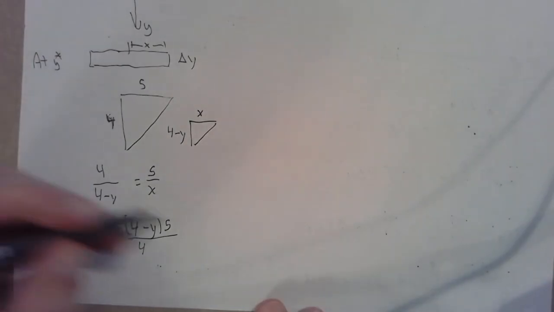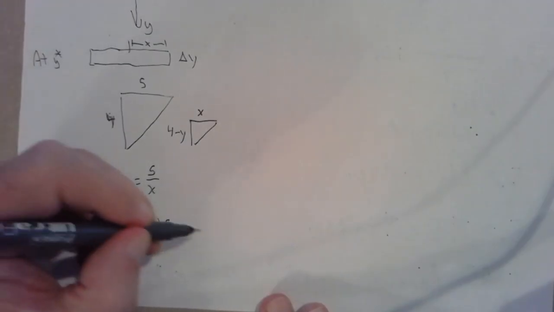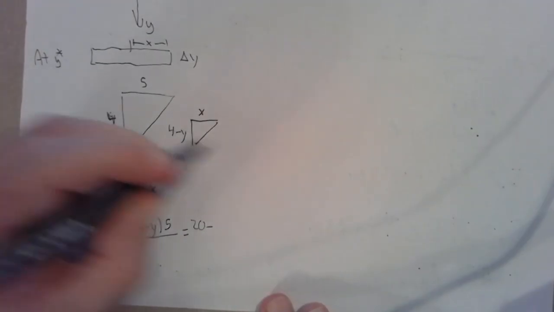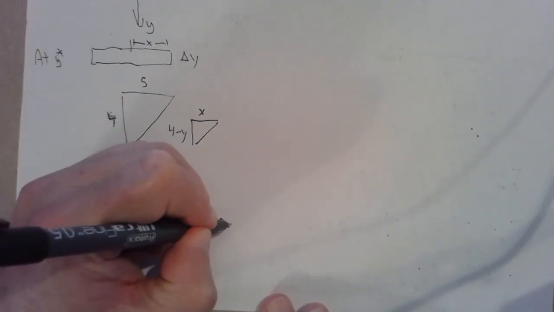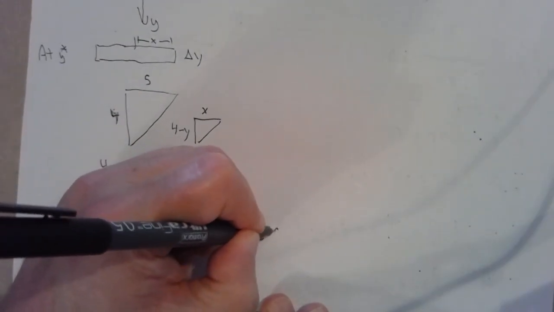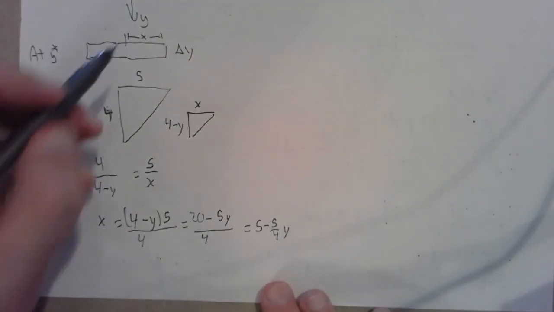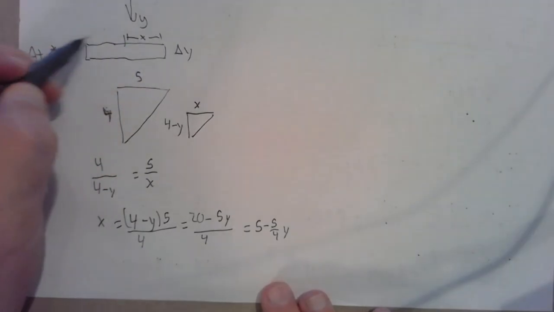We can go ahead and distribute that if we want. It doesn't really matter. It's actually easier if we leave it like this, or we could turn that into 20 minus 5y over 4, or we could turn that into 5 minus 5/4 y. Now, this rectangle here is 2x wide.